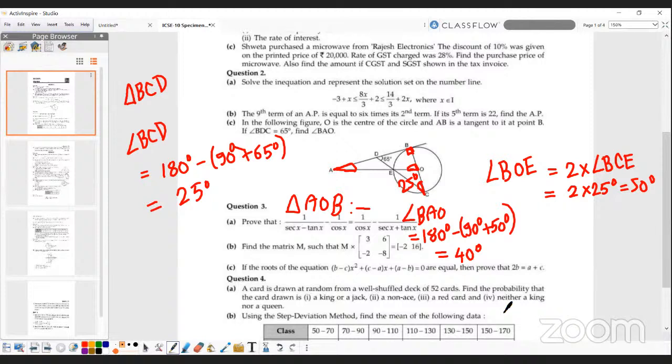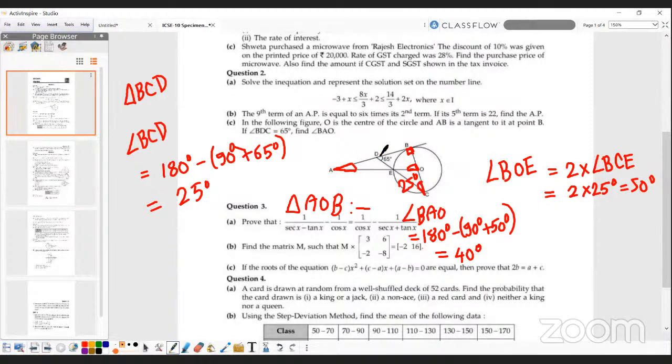For others, is it clear now? Aman, is the question clear to you now? Sir, I was thinking of another alternative. Can I ask? Yeah. Can we say that BCE and ADE are the same? I thought of the alternate segment property, I guess.